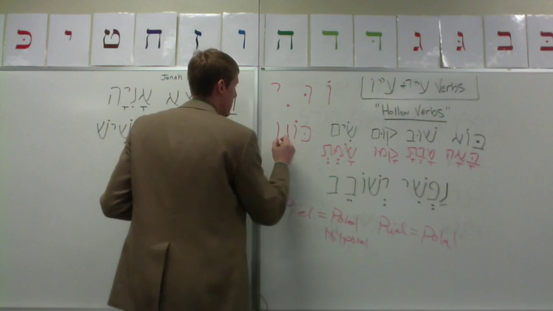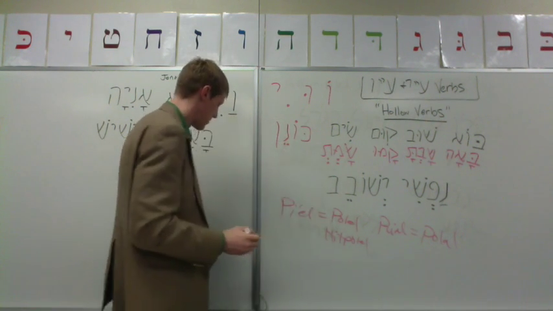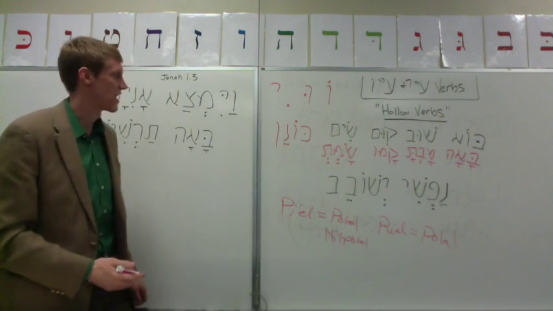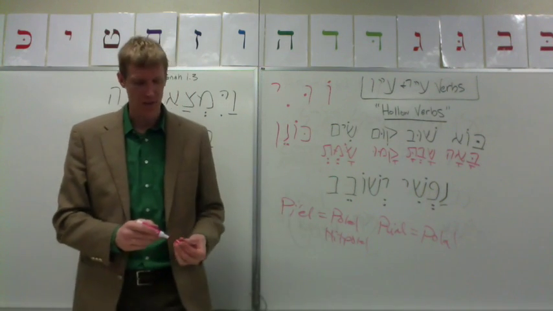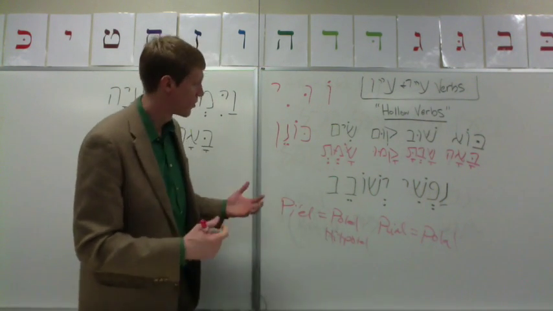And then you've got the doubled or repeated nun at the end, konen. Konen for polel.